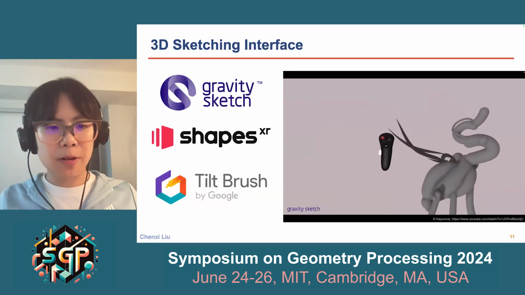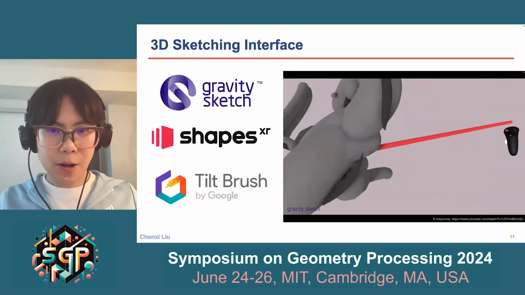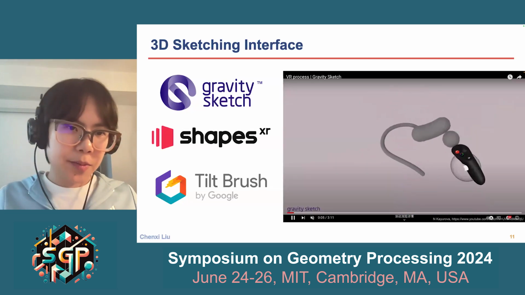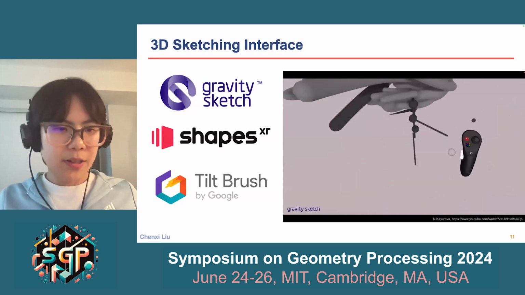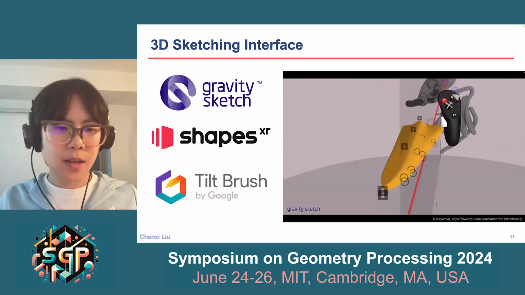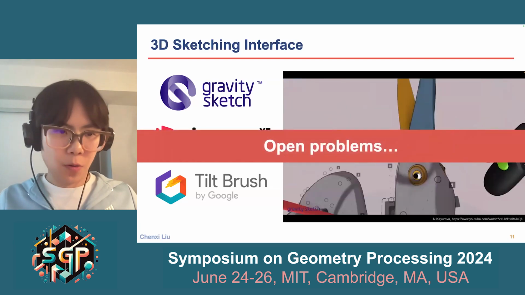So here we have some popular 3D drawing software. We have Gravity Sketch. That's also the one used in this demo video. We have Shapes XR, and we also have Tilt Brush from Google. 3D sketching software is less mature compared to the 2D one.